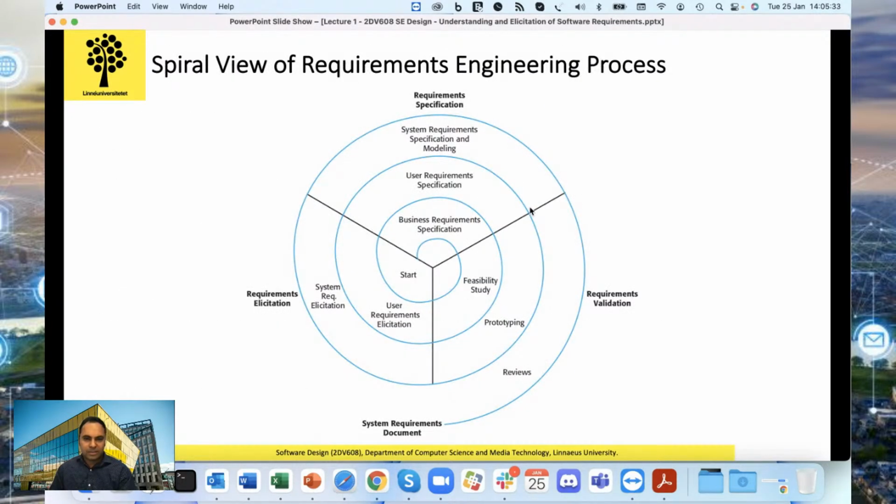This is one of the standard or widely followed requirements engineering processes. You elicit your requirements, you analyze and negotiate your requirements, that is basically requirements specification, where you eliminate ambiguity, you eliminate gaps, you clarify, and then you do the requirements validation.